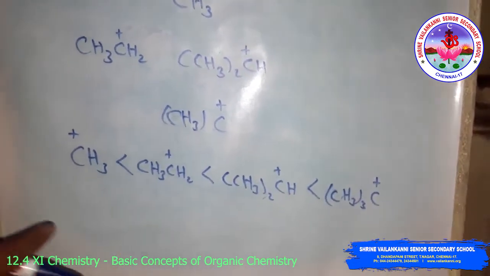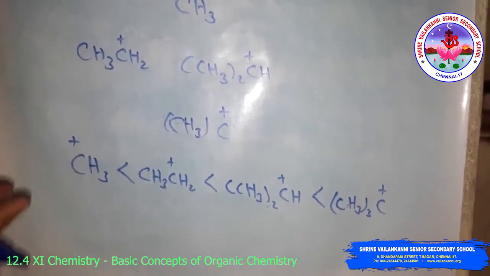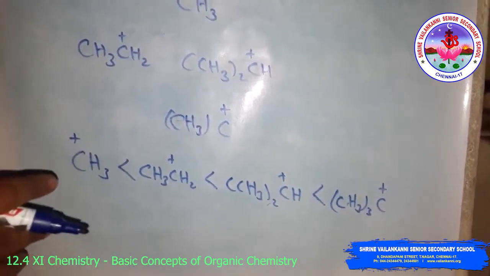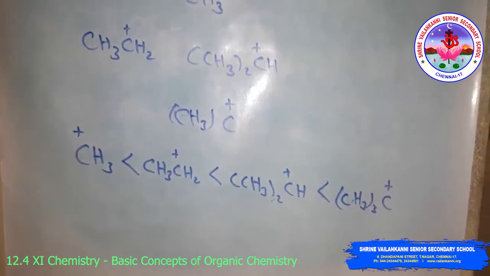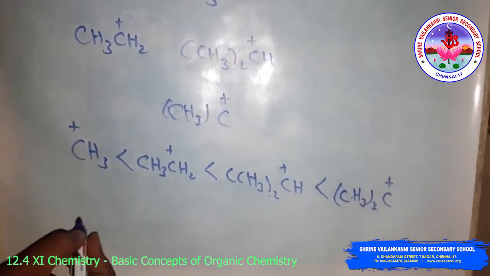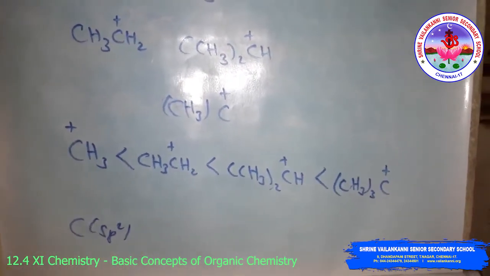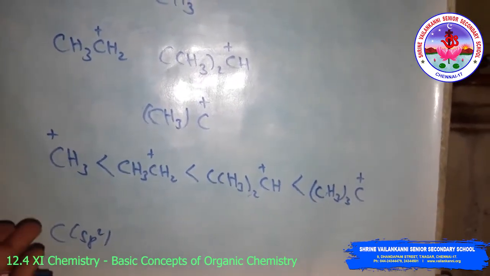This is the sequence. Carbocations have a trigonal planar shape, with the positively charged carbon being sp2 hybridized. The shape of the methyl carbocation may be considered as derived from the overlap of three equivalent C sp2 hybridized orbitals with the 1s orbitals of each of the three hydrogen atoms.